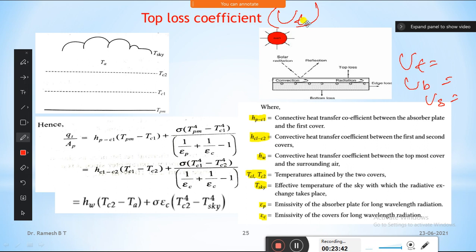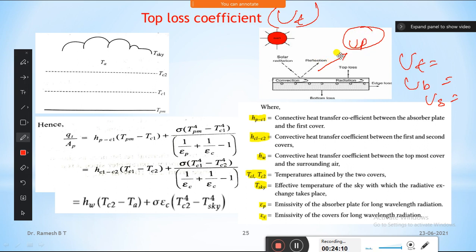The top loss coefficient is with the convection as well as re-radiation losses from the absorber plate towards the upward direction. Just observe, this is the absorber plate, and here there is a reflection, which is always towards the upward. Any radiation towards the upward direction is simply a wastage.